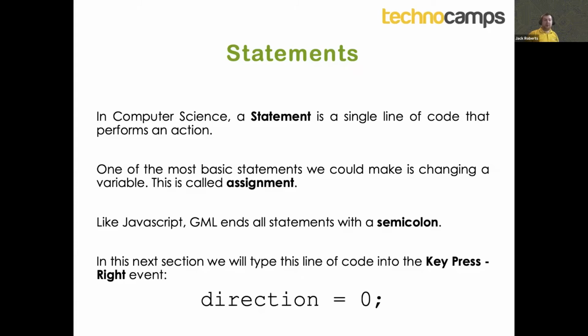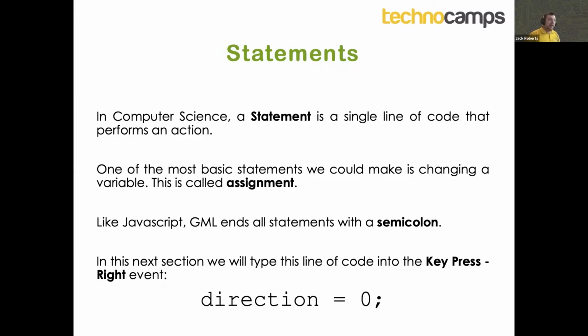like JavaScript and lots of other programming languages, GameMaker language ends all statements with a semicolon. So that's in line with C, that's in line with Java, that's in line with all sorts of very popular programming languages.